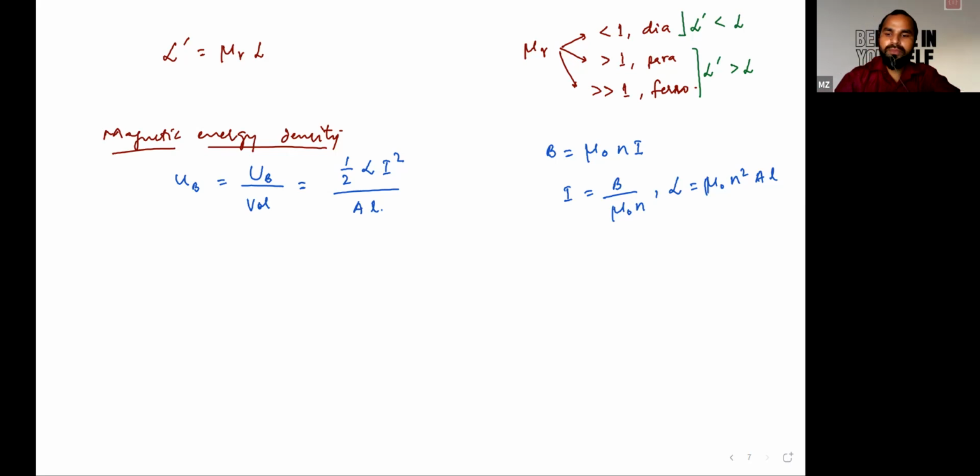Just try to solve, all of you. Put the value of I and put the value of L in this expression and try to solve.